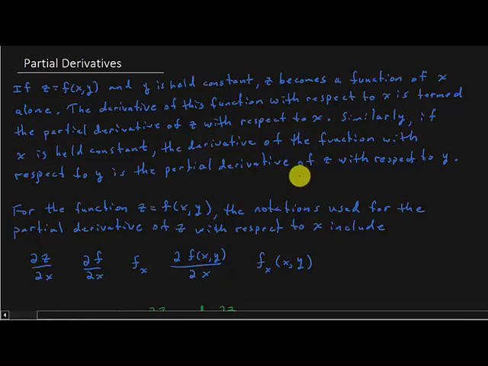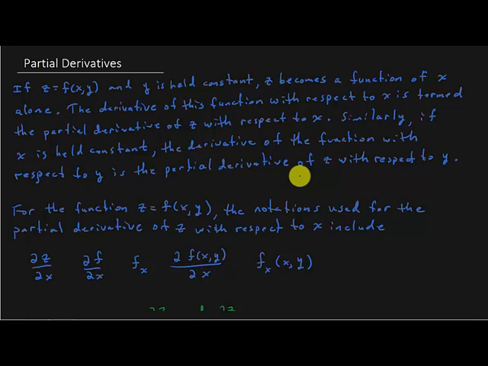All right, so basically what we've got here, if you've got a function z equals something in terms of x and y, or it may be labeled f of x, y equals something in terms of x and y. If you take the partial derivative with respect to x, you do everything just like you've been doing, just like you normally take a derivative.